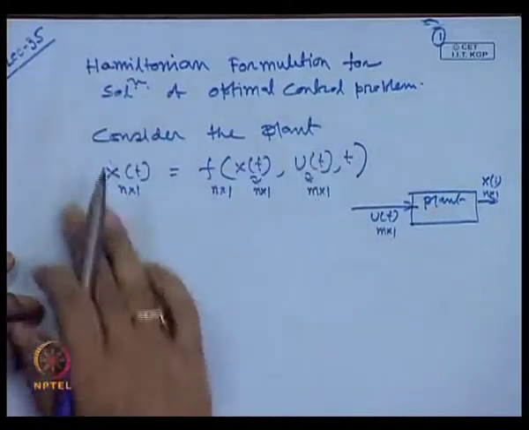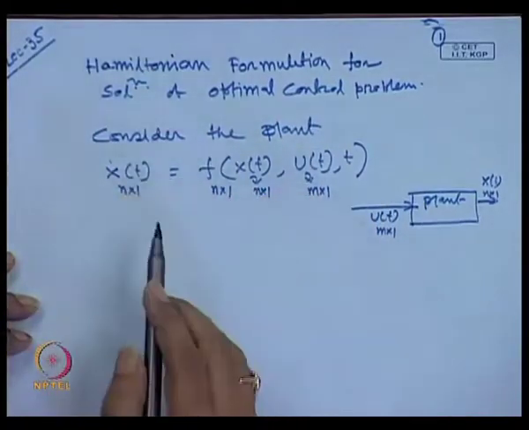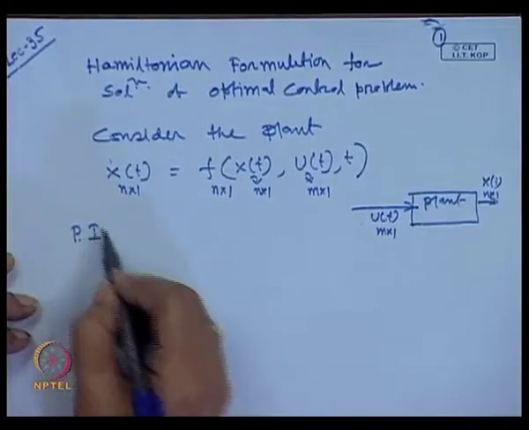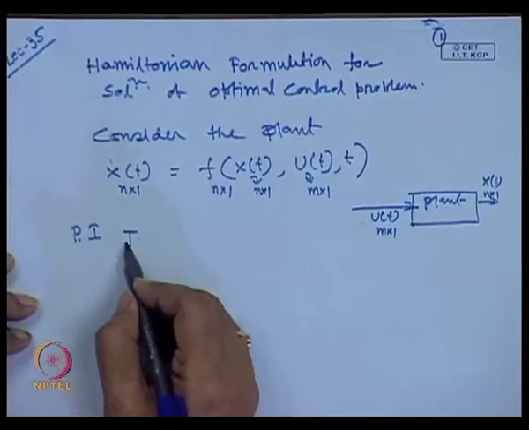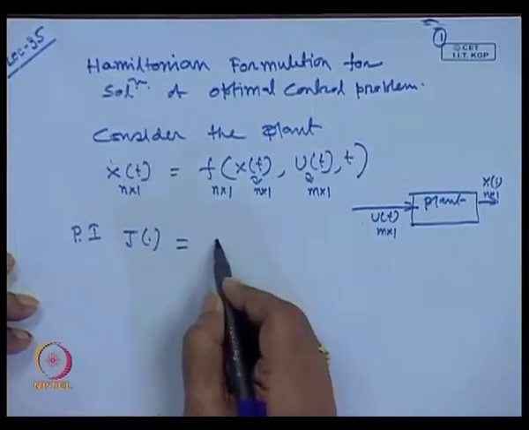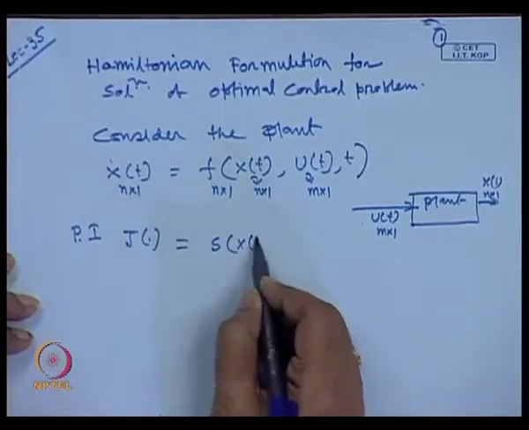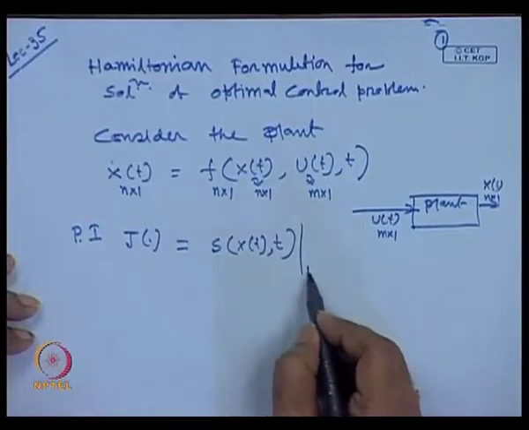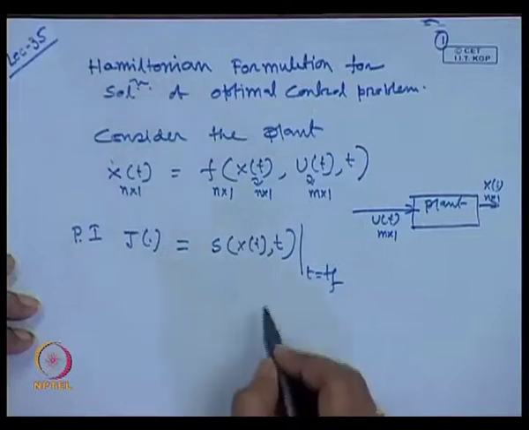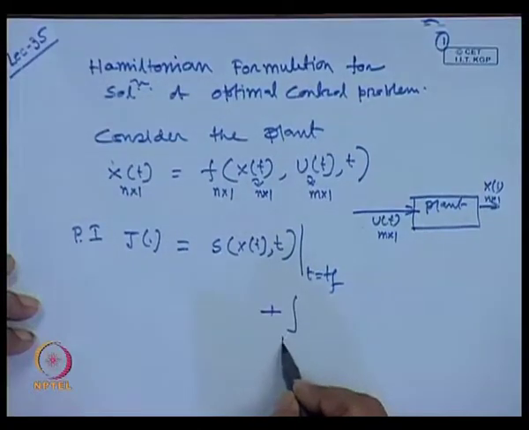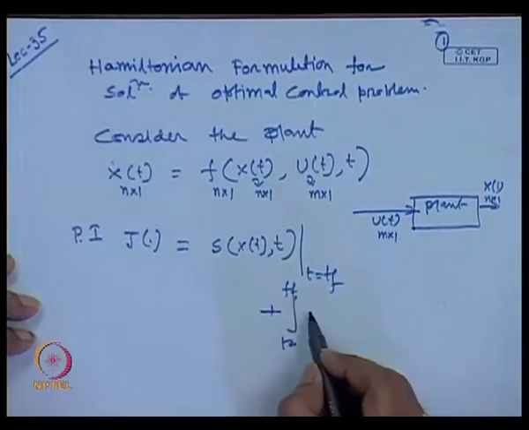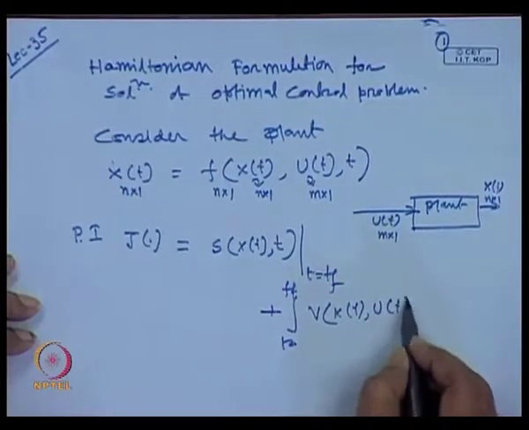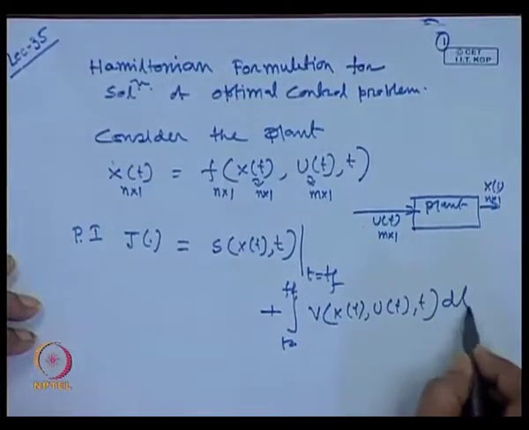So, once you convert into a state space form, then our problem is here, and the corresponding performance index J, if we recollect, we have written as the terminal cost, a function of x of t and t at t is equal to t f, the final time, plus the integration from t 0 to t f of V of x of t, u of t and t dt.